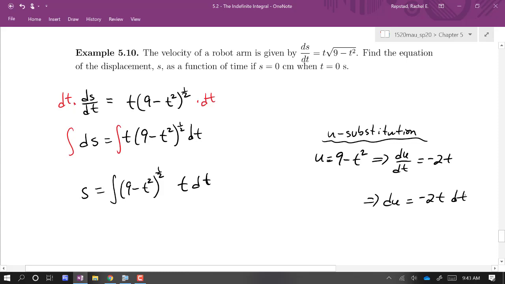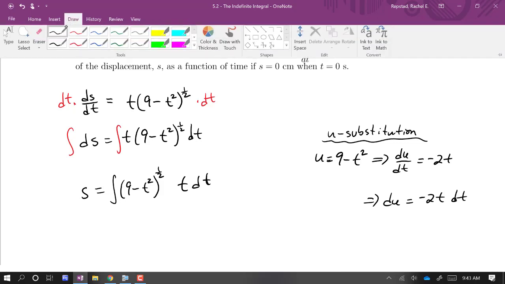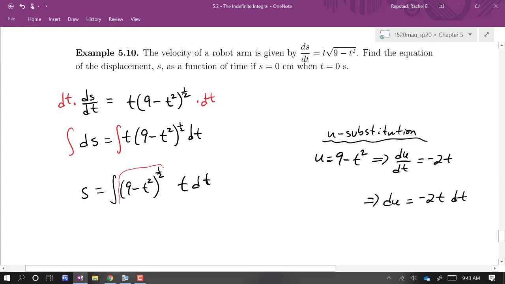So in this integral, the part in the beginning is pretty simple to make the substitution. That is u to the 1/2. But I want to see du show up here as well, and I don't quite have it. I'm really close. I'm just off by this factor of negative 2.